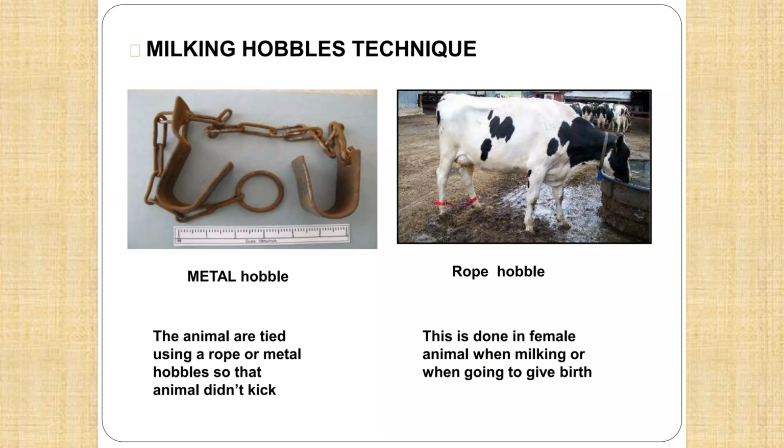Milking hobbles technique. So different holdings or holders should be available. It's also called a metal hobble. Remember, the material which is useful, especially whenever no other methods are available, is a rope.